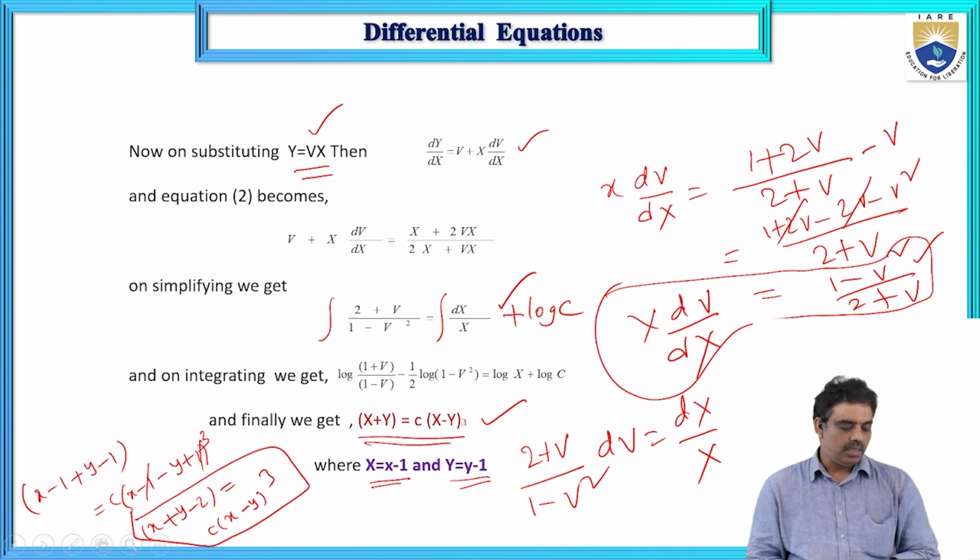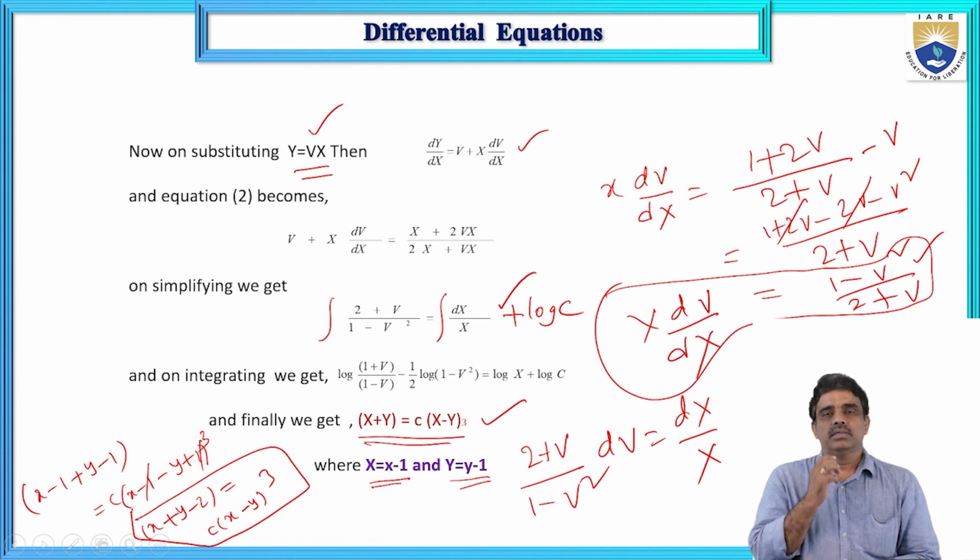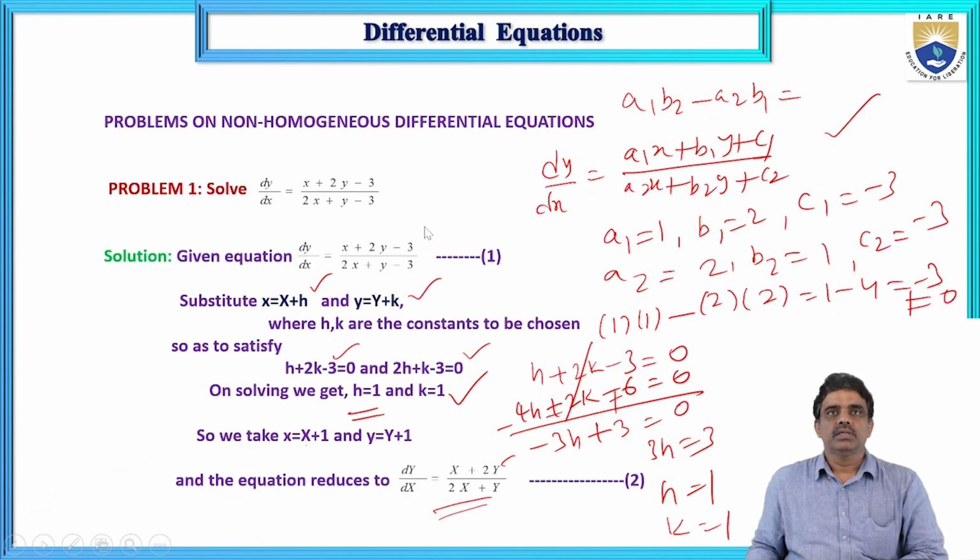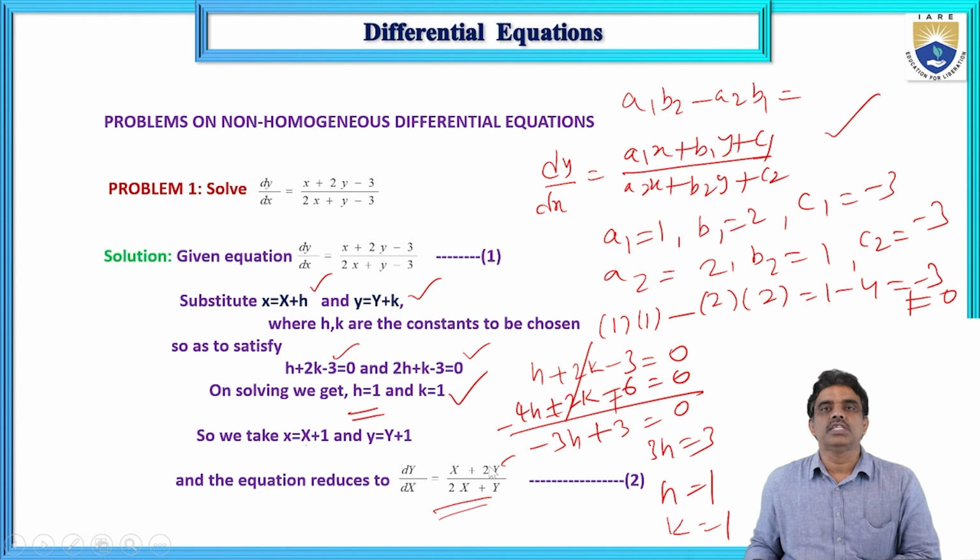So this is the method of finding the solution of a non-homogeneous differential equation. So this is the equation. This is a non-homogeneous equation clearly. To solve this equation, we reduce to the form small x is equal to capital X plus h and small y is equal to capital Y plus k, so that the equation reduces to homogeneous form.